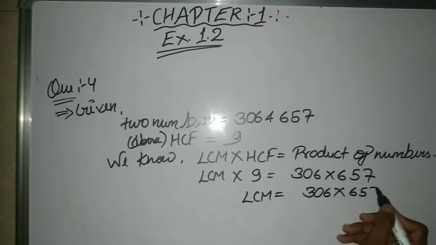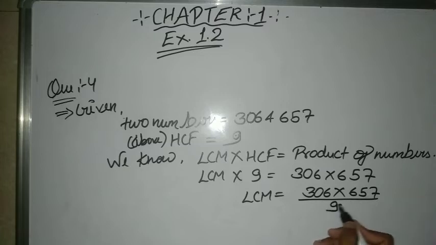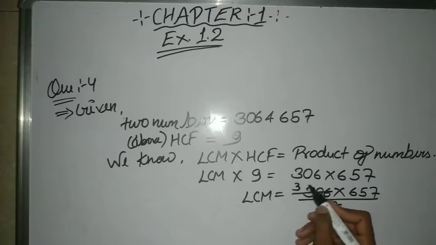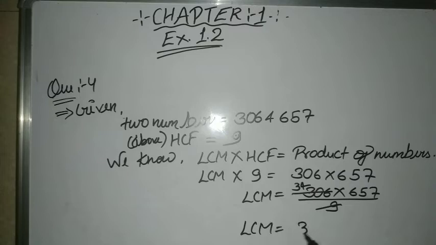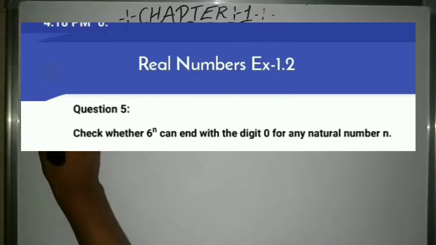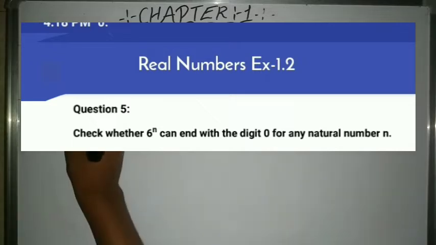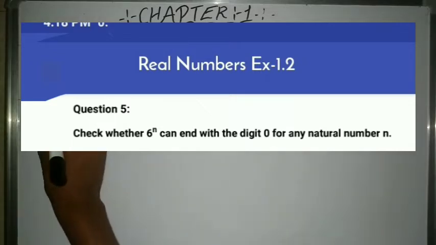When we divide 306 by 9, we get the answer 34. So when we multiply 34 by 657, we get the answer 22,338.